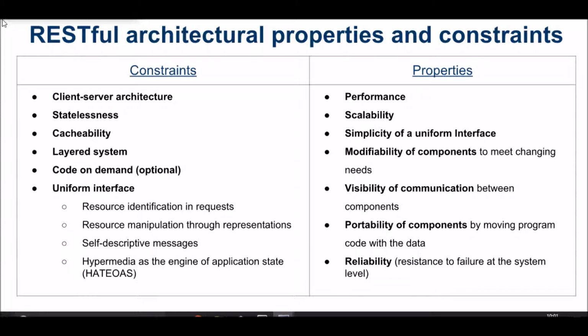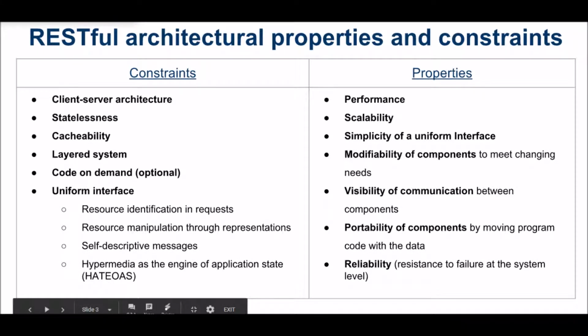Then the communication between client and server is stateless, so each HTTP request is independent from the previous requests, and it has to contain all information that the server needs to satisfy the request. Here on the right are listed all the quality characteristics of a RESTful application due to the constraints that it has to follow.